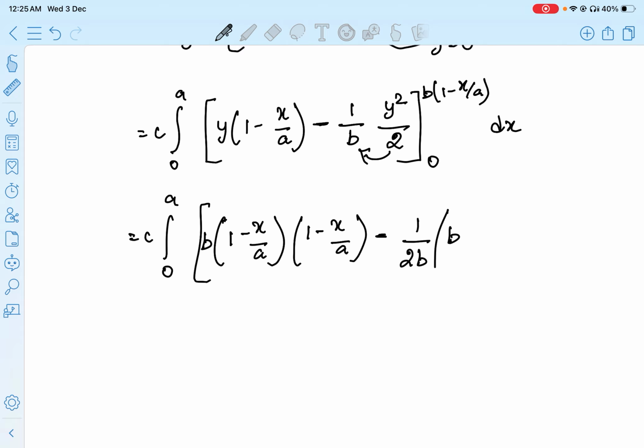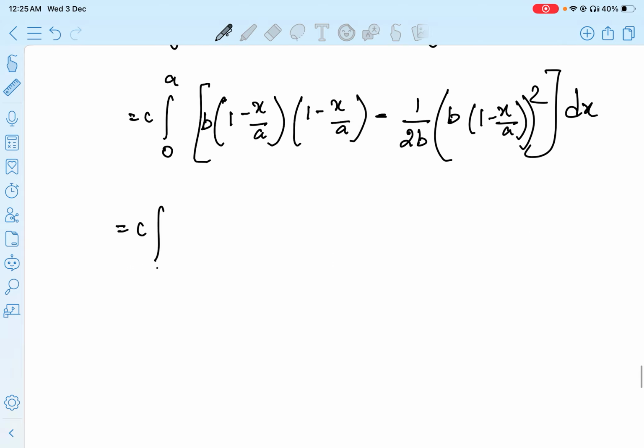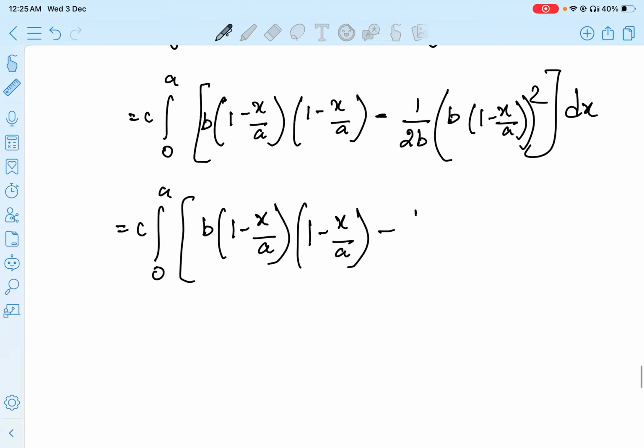So b into 1 minus x by a the whole square into dx. C integral 0 to a, b into 1 minus x by a minus 1 by 2b, this b is squared, so this cancels, and we have 1 minus x by a the whole square into dx.